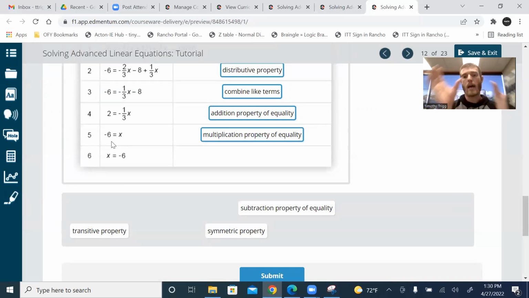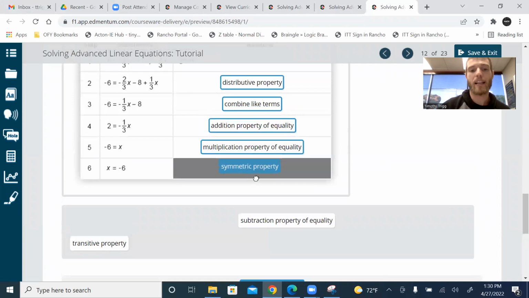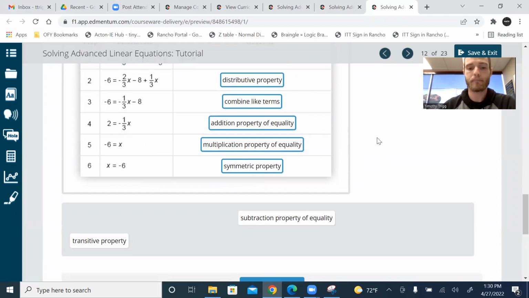So you could always switch that around the equal sign, and that's what they're doing here. The property that allows you to do that is the symmetric property. Honestly, it doesn't matter. These both say the same thing in my eyes, but it's the symmetric property that allows you to do that.